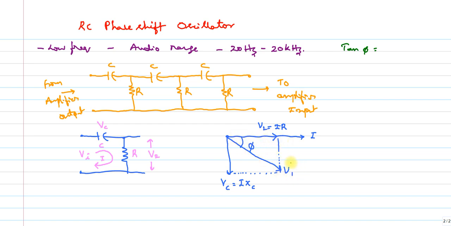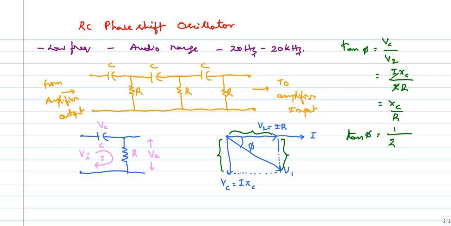The opposite side is Vc and the adjacent side is V2. Vc is I into Xc and V2 is I into R, so I cancels and we get Xc by R. Using Xc equal to 1 by omega C, tan phi is equal to 1 by omega C into R. So this is the tan phi value.